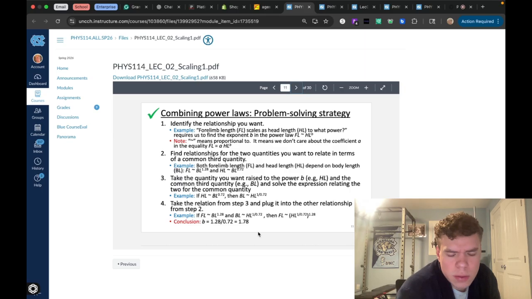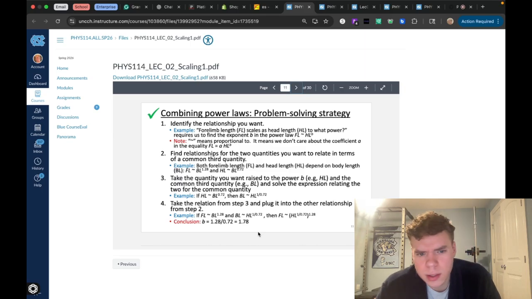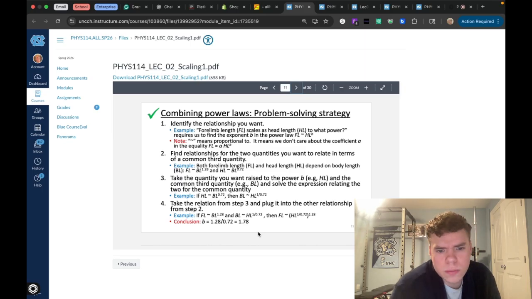Oh, because at the top it's saying forehead length is equal to A of head length to the B. And we've already discovered down here that forehead length is equal to this. That does not really make sense, man. I'm gonna be honest.